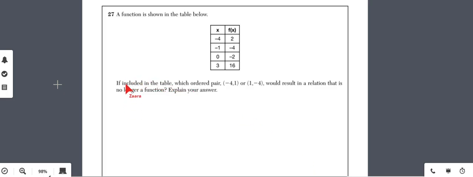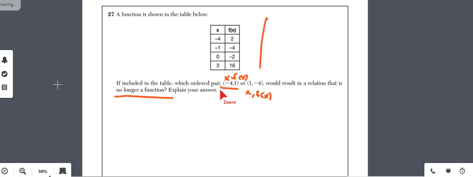Here is the function. A function is shown in the table below. If included in the table, which ordered pair, negative 4, 1, would result in a relation that would no longer be a function? This is the x value, this is f of x. So what is the condition for a function?